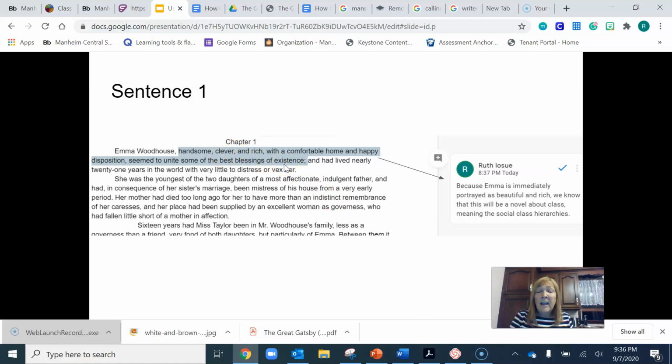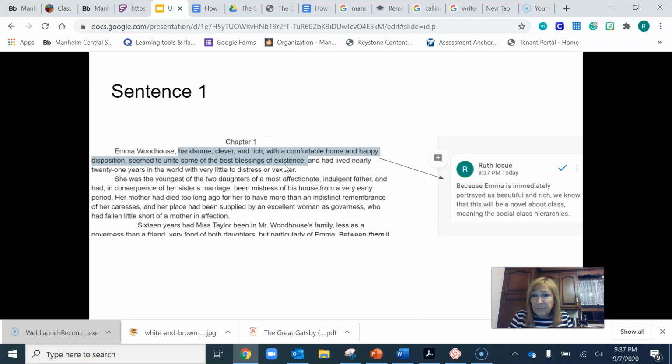She is handsome, which is beautiful. She's very clever, so she's smart. She's rich. She has a comfortable home. She's happy. There's no reason for her to have any conflict at all. But because we're starting out with this, we know that there will indeed be conflict.